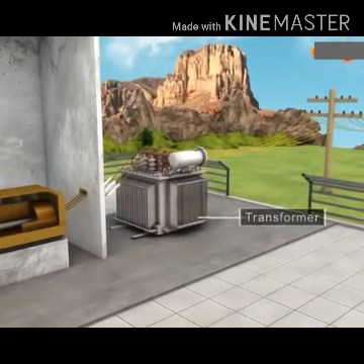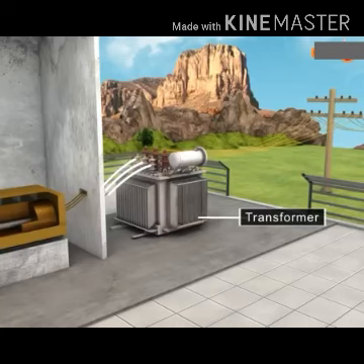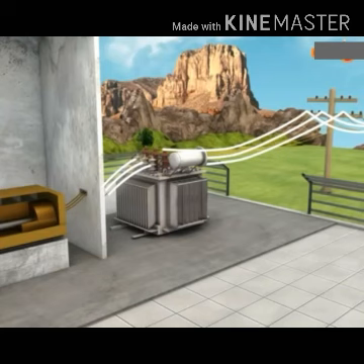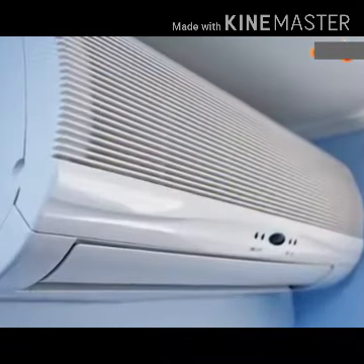Finally, a transformer converts the electrical energy at low voltage from the generator to high voltage. The national grid uses this high voltage to transmit electricity efficiently through the power lines to different power stations, which further transmit it to our homes and business houses.